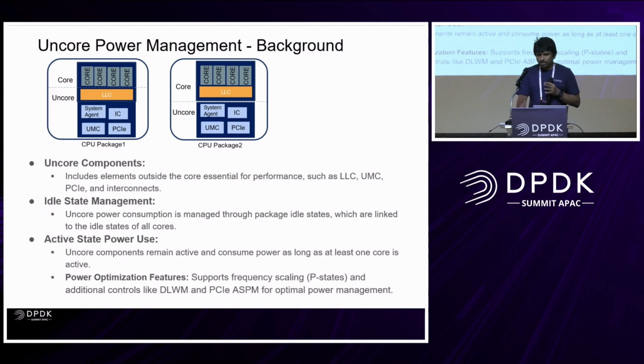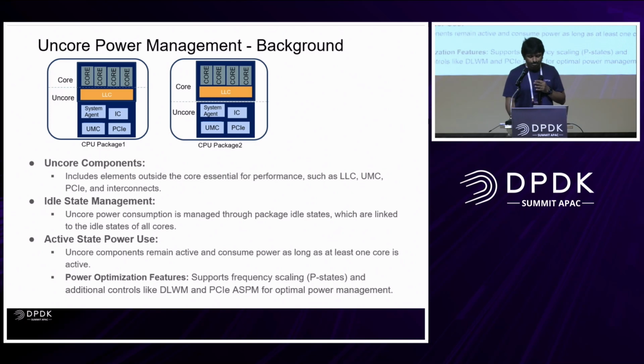Most of the vendors support frequency management in the Uncore part, whether it is different performance states of a specific component in terms of frequency, or in terms of width control.